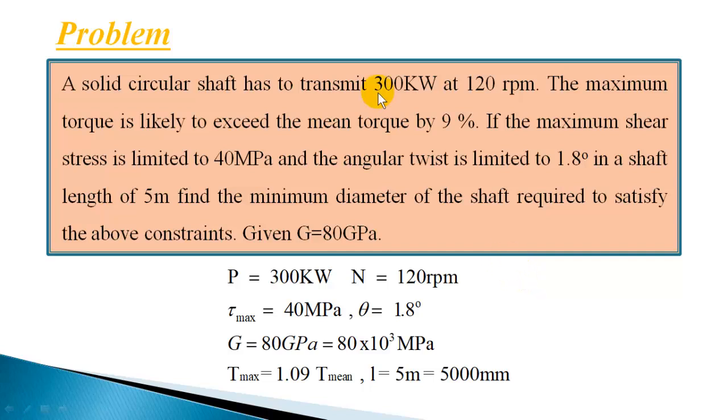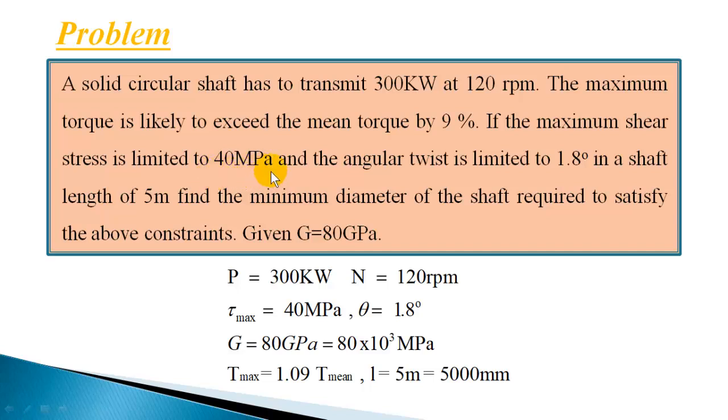In this problem, the power transmitted is 300 kilowatt at 120 rpm, and again maximum torque is exceeding the mean torque by 9%, and the maximum shear stress is limited to 40 megapascal. So shear stress is also a constraint here.